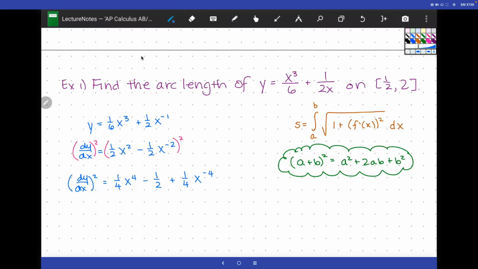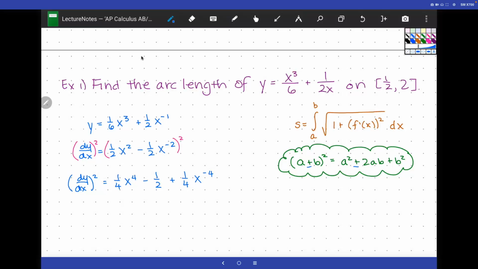And what you should have gotten when you squared it was this. It really helps if you have this formula memorized. And just remember, if it's got a minus sign in there like ours did, it's minus 2ab. In fact, here, I'll put plus or minus.